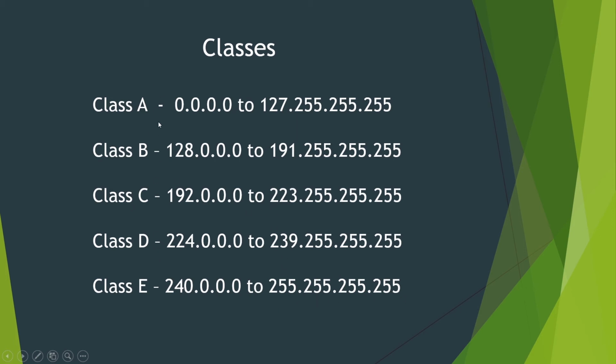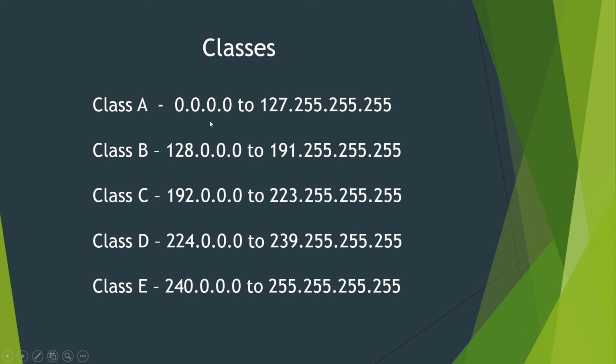So these are the 5 classes for IP version 4 addresses, and class C is given to homes or small organizations. You can see the number of addresses in class C is very small compared to class A and class B, which is why class C addresses are given to homes.